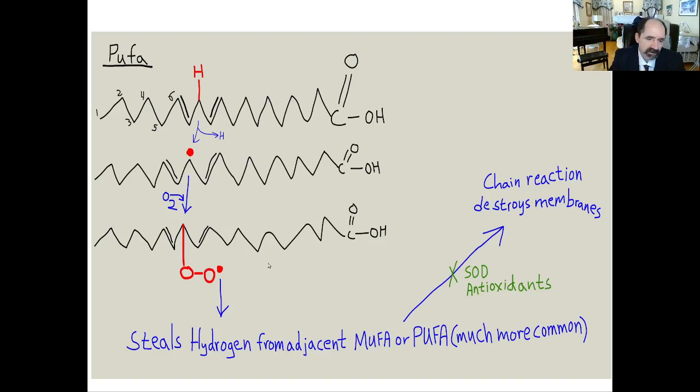And this is also one of the reasons to worry about ingesting excessive dietary amounts of PUFAs, polyunsaturated fatty acids, meaning having double bonds in them. The more double bonds you have, the more vulnerable the fatty acid is to lipid peroxidation. So if you look at saturated fat, it's relatively unreactive because it doesn't have any double bonds.